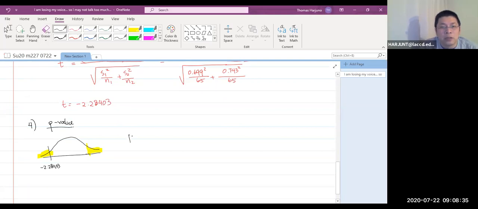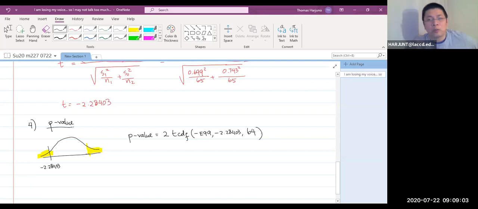Okay, so the p-value is 2 times, oh my God, that's 2 times tcdf negative infinity, negative 2.28403 comma degree of freedom. Now the degree of freedom we use will be the lesser, the smaller degree of freedom of those two.